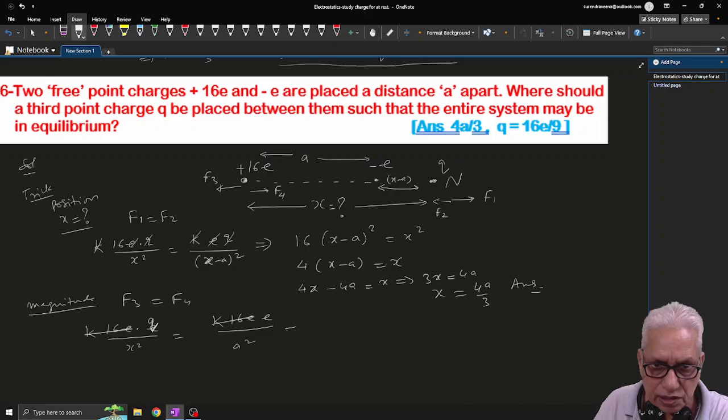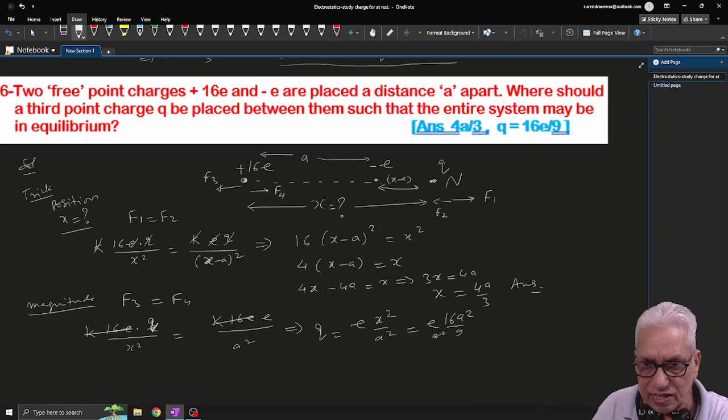So after cross multiplication, q is equal to what? e x square upon a square. हम वैल्यू पुट कर रहे हैं x की, ये स्क्वायर करेंगे, 16 a square upon 9, a square cancel होके q मिल जाएगा हमको 16/9 e, is the answer.